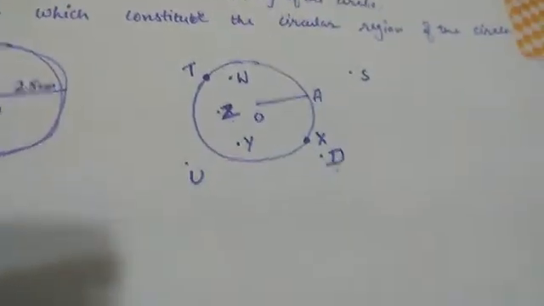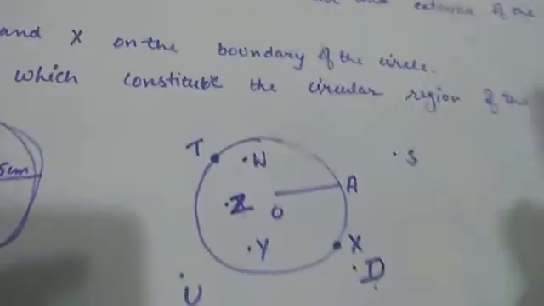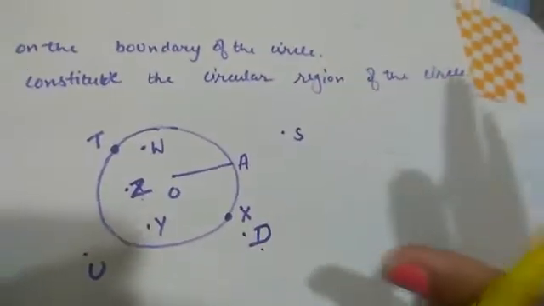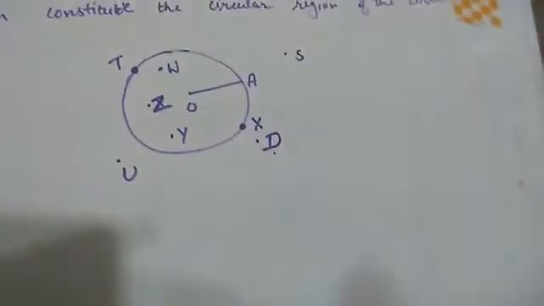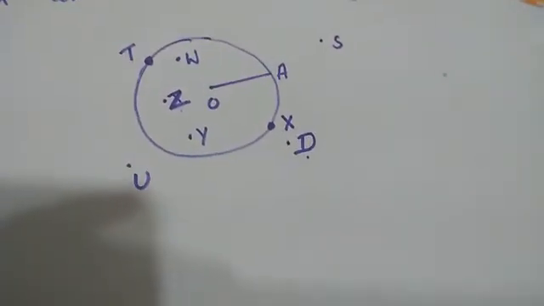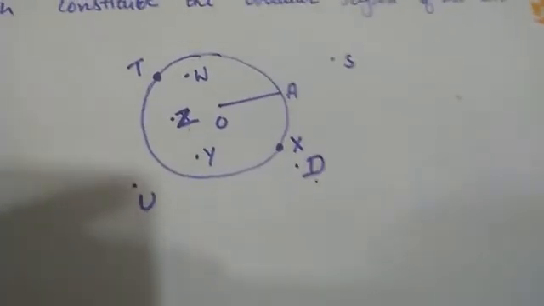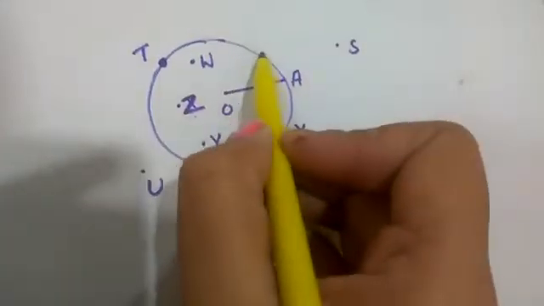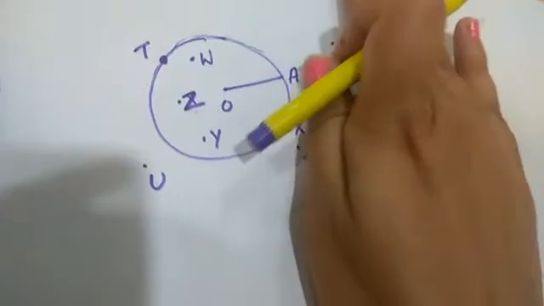Now the next question is, name the points which constitute the circular region of the circle. Now what is the meaning of this? Now you have to name all the points that constitute the circular region. Means, now listen to me very carefully. Now you have to see only the circle, not outside the circle. Means you have to see only this portion.